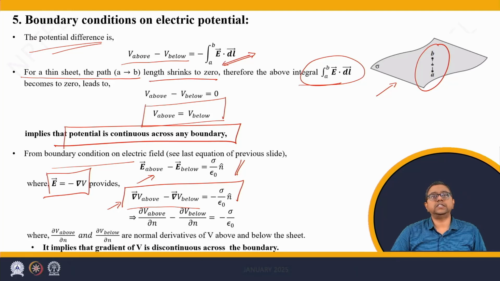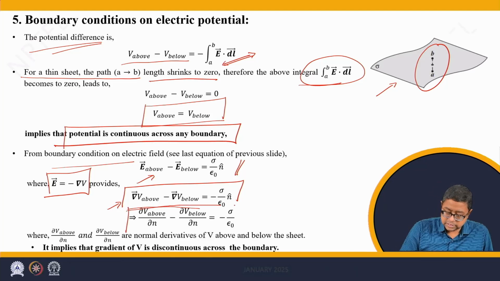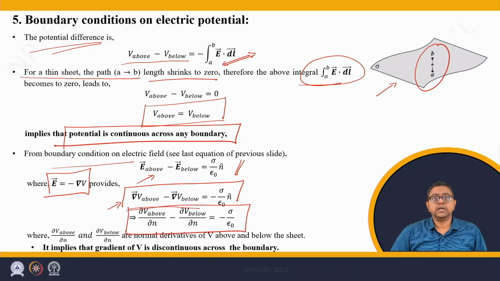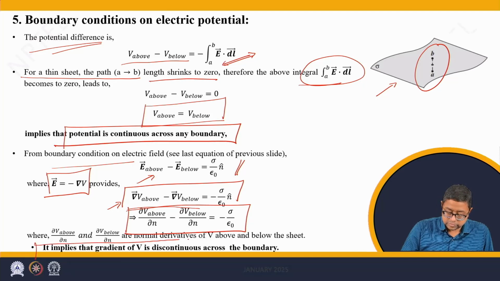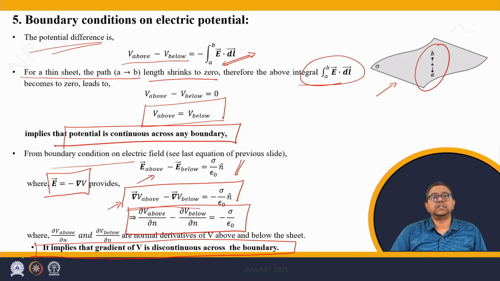This is obtained just by substituting minus gradient of V in place of E. This is written as the normal derivative of the potential above and the normal derivative of the potential below. The difference equals minus sigma by epsilon naught. In other words, the gradient of V is discontinuous across the boundary.